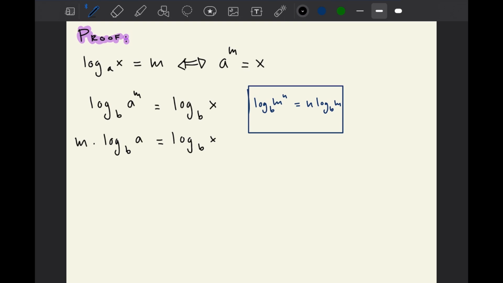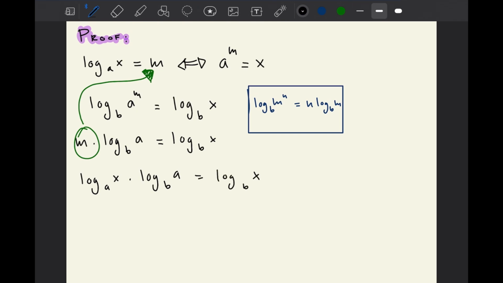And would you look at that? We have m right here. And now we can refer back to our definition of m and substitute it back in. So now we have that the logarithm of base a of x times the logarithm of base b of a is equal to the logarithm of base b of x.